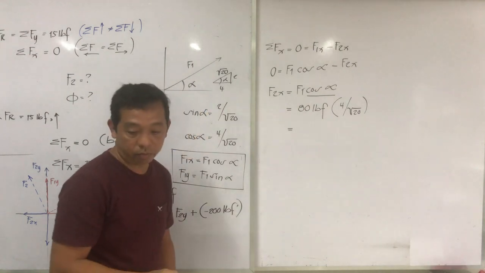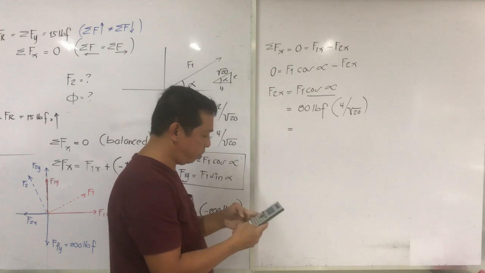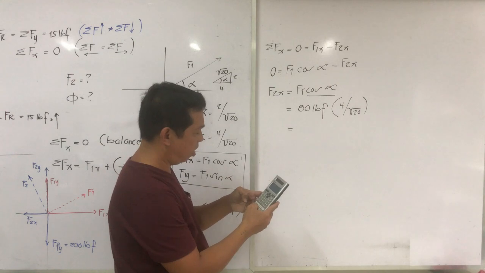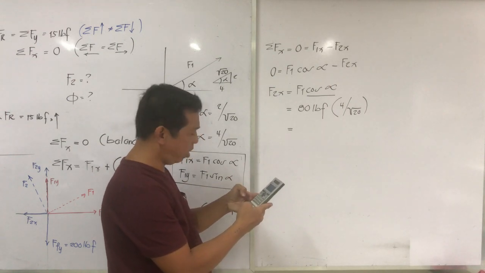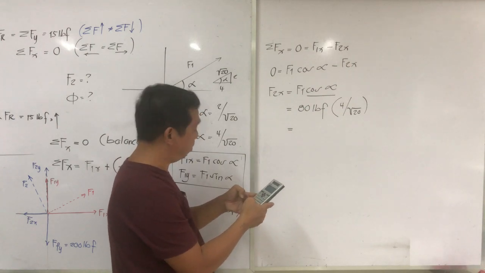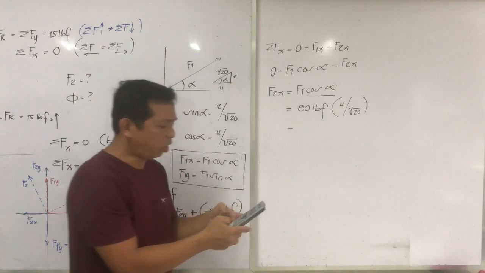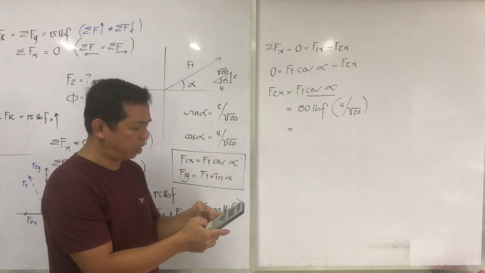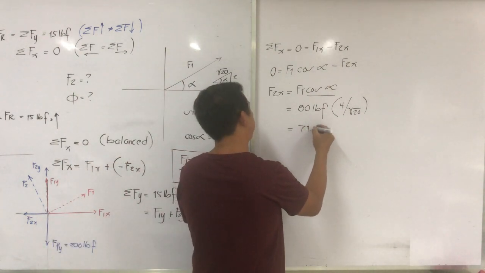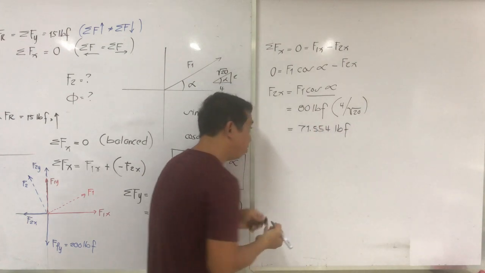When computed, ano magiging sagot? So that would have to be 80 times 4, that needs to be divided by the root of 20. So you have your answer: 32 times the root of 5 or 71.554 pound force.